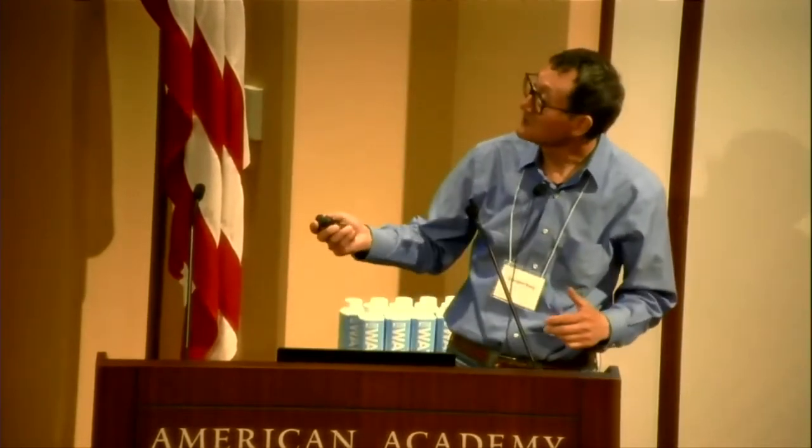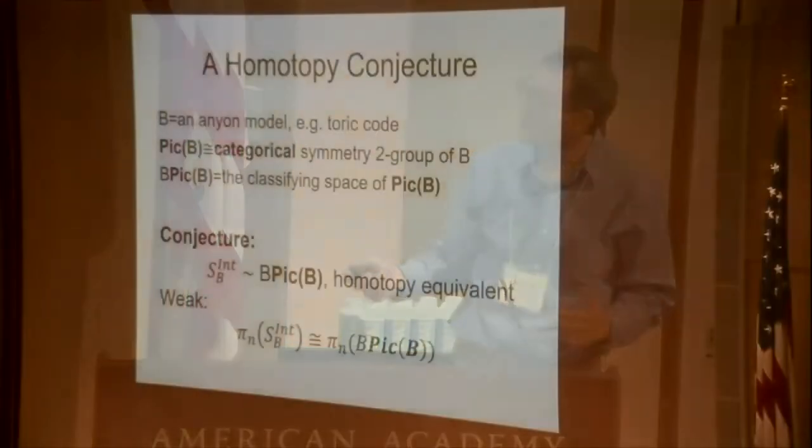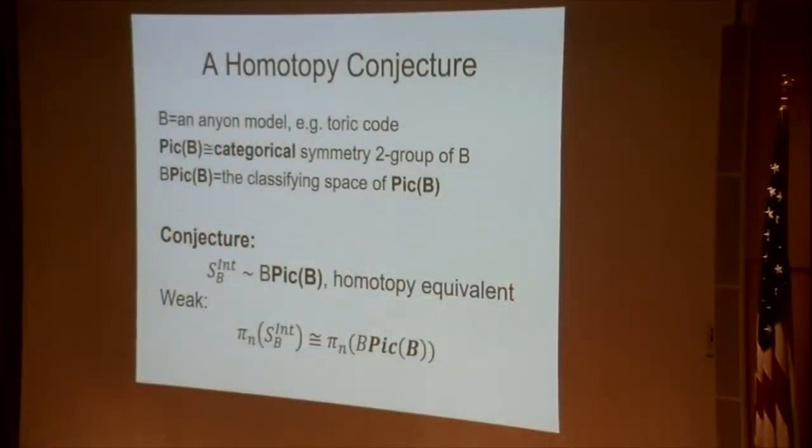So it's not surprising that the symmetry of a topological order acts on the space of Hamiltonians. It's just more subtle than that. You need to take the symmetry of the topological order and the space of Hamiltonians, put them together, and then twist them to get a contractible space with the group acting freely. And that will give you what this conjecture is about.